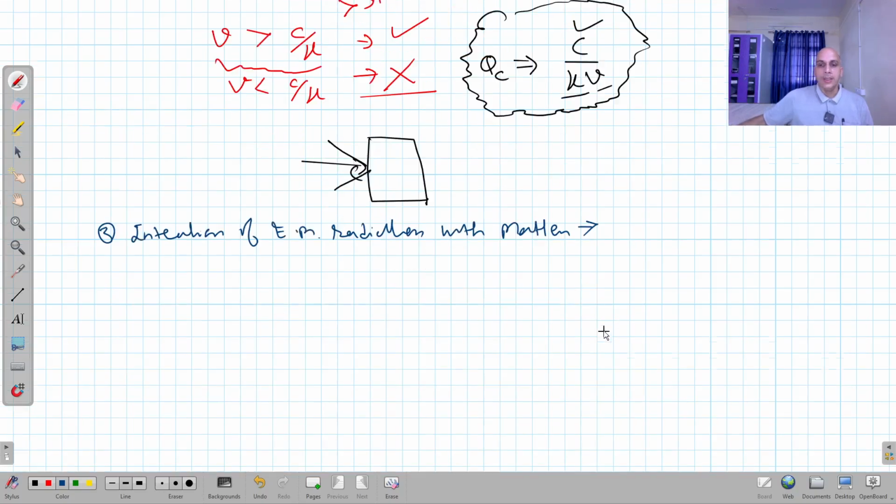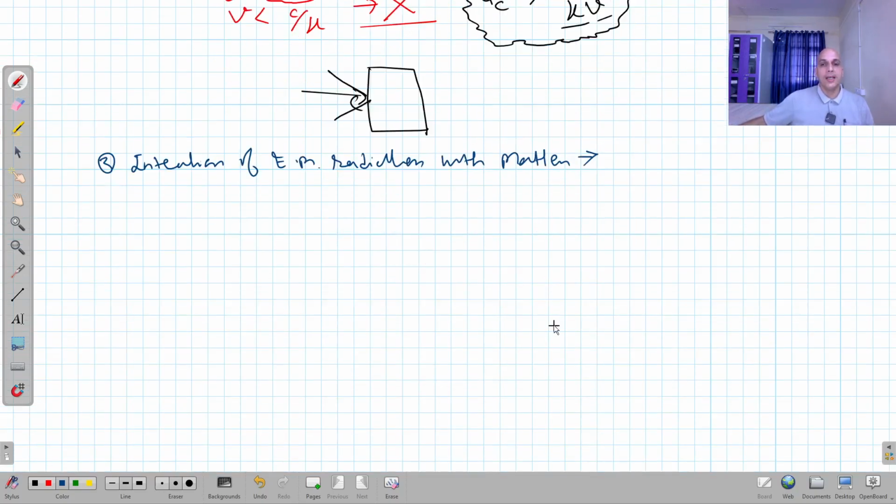As far as the interaction of electromagnetic radiation with matter is concerned, we know very well we can have three types of interactions. The first is the photoelectric effect, the second is the Compton effect, and the third is pair production.